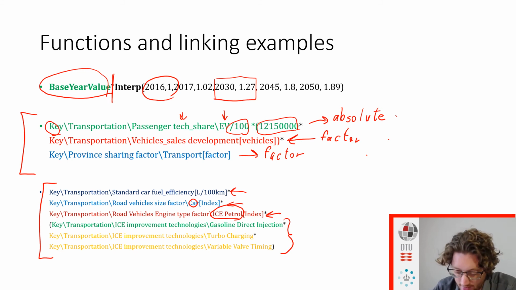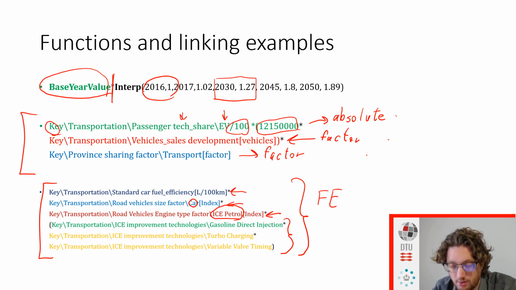And then all of this can tell me what the fuel efficiency will be for a given vehicle in a given year going forward, just by linking things together, by multiplying them together. So this is a real life scenario, which is quite practical. It might be slightly hard to read if you're not familiar with it already.